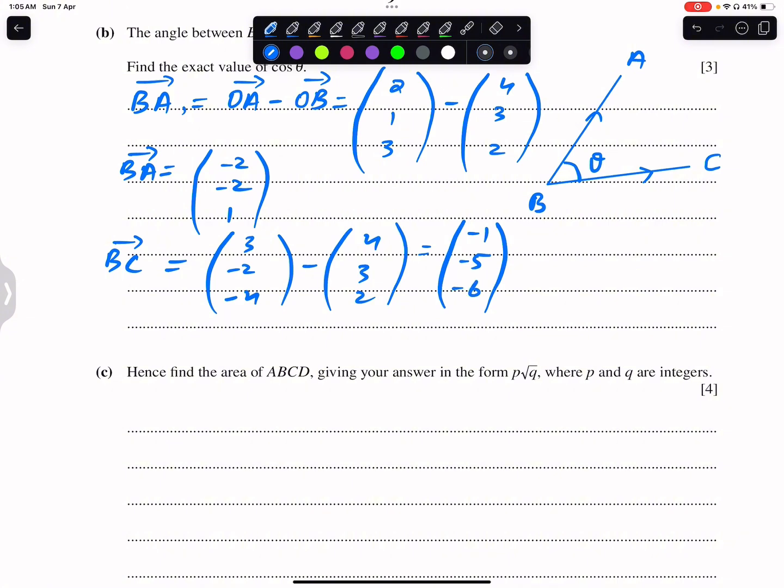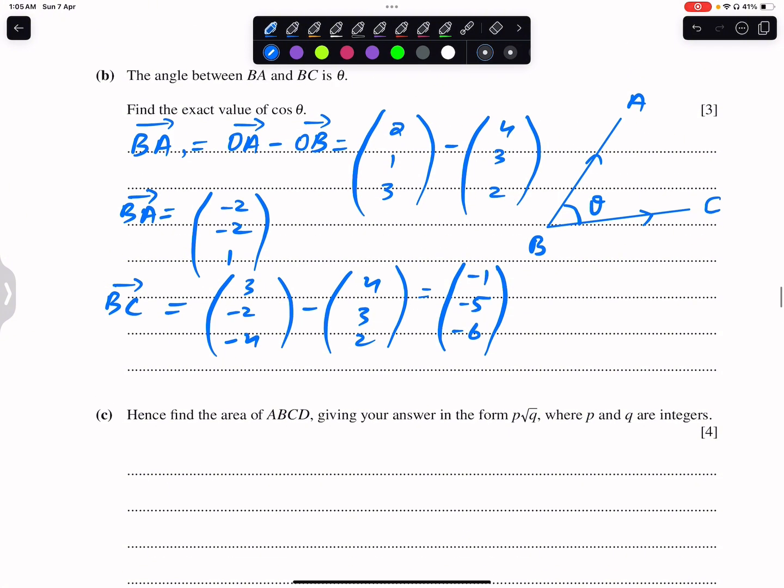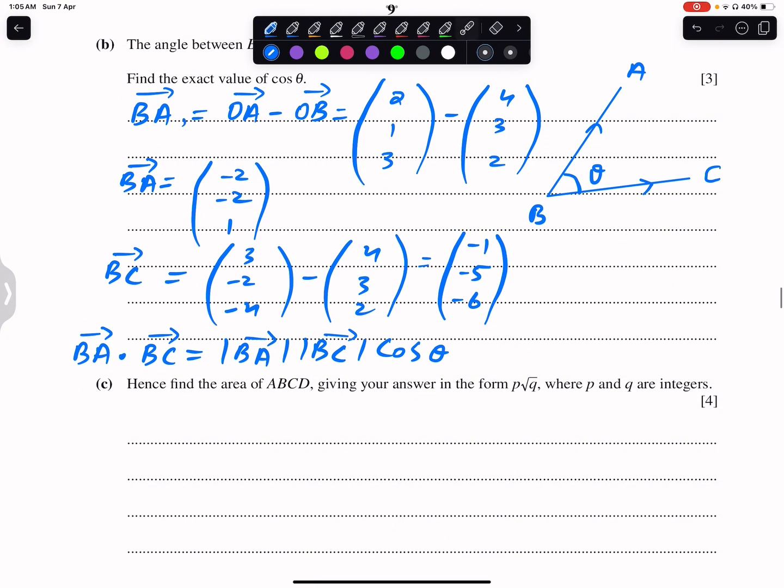Now you will apply the formula of dot product or scalar product. So BA dot BC is equal to the magnitude of the first vector times the magnitude of the second vector times cos of the angle between those two vectors. And now how to find the dot product of two vectors? This is BA and this is BC.